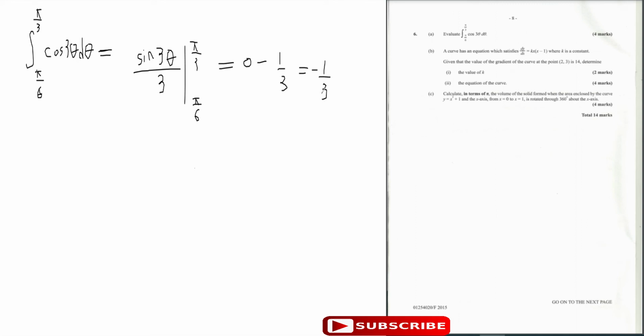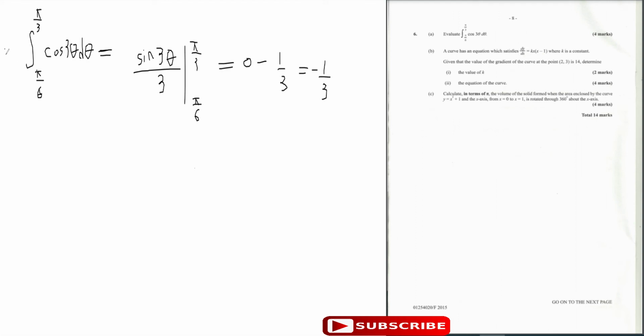Now the next part says a curve has an equation which satisfies dy by dx is kx times x minus 1. It says given that the gradient of the curve at 2, 3 is 14, find the value of k.